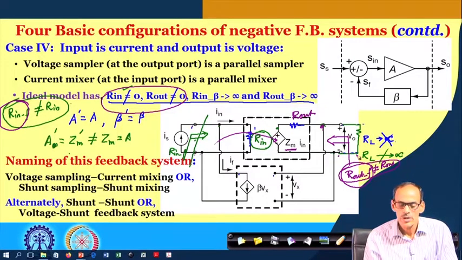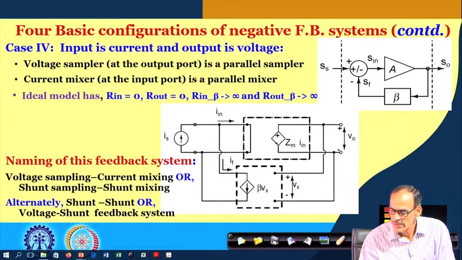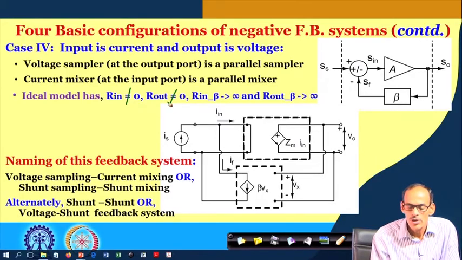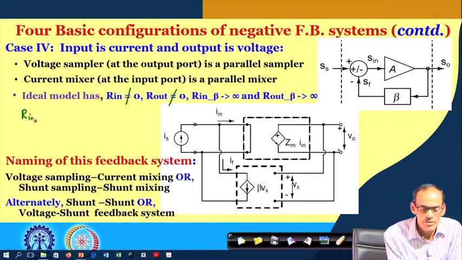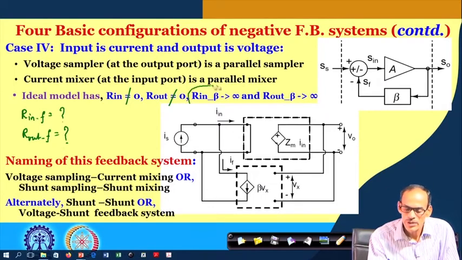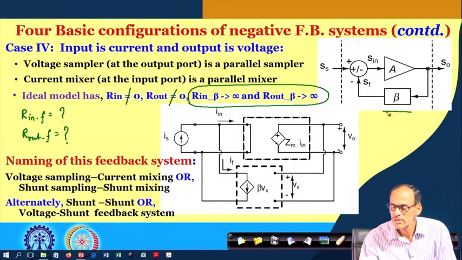are also changed by the same factor. So, in our next analysis, we will consider these non-zero, so that we can find R in F and R out F. But for all practical purposes, we may continue with the ideal situation of the feedback network, and we consider that it is unidirectional.